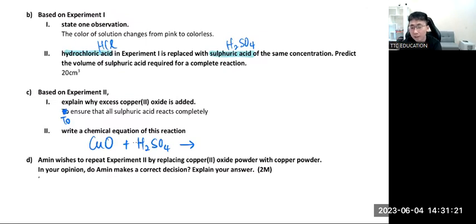When you realize that there are 4 ions inside all the chemicals, you can exchange partners. So Cu combined with SO4 becomes CuSO4, and then the H and O become H2O. The good thing is, you realize it's already balanced.